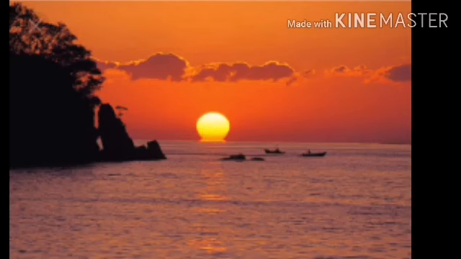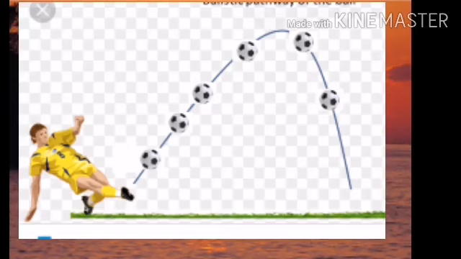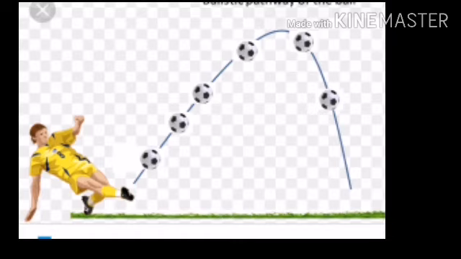We know the sun rises in the east and sets in the west. When a boy throws a ball up, after some time we can see that it comes down. Such observations help us reach scientific conclusions.